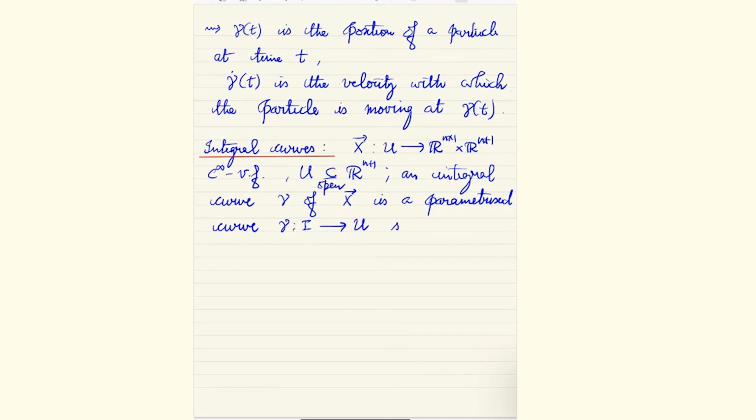such that it fits the vector field in the following sense. You look at the velocity vector of this curve at a point t. This gives you the tangent vector corresponding to the vector field X at the point gamma t. This is the defining relation for what an integral curve is.